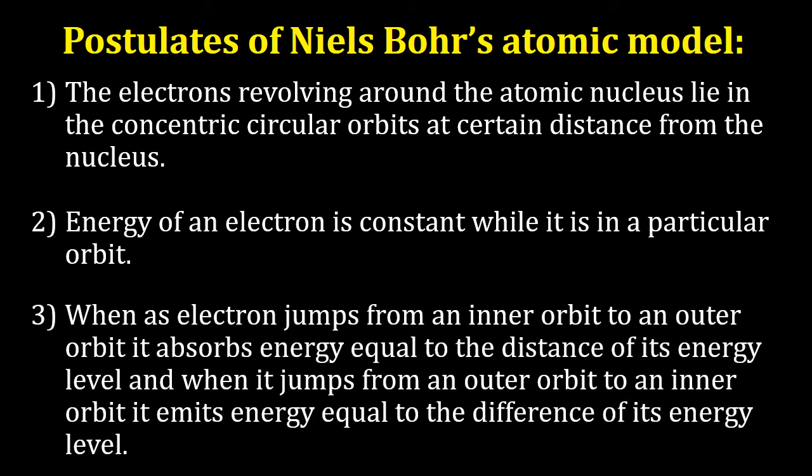When an electron jumps from an inner orbit to an outer orbit, it absorbs energy equal to the difference of its energy levels. And when it jumps from an outer orbit to an inner orbit, it emits energy equal to the difference of its energy levels.